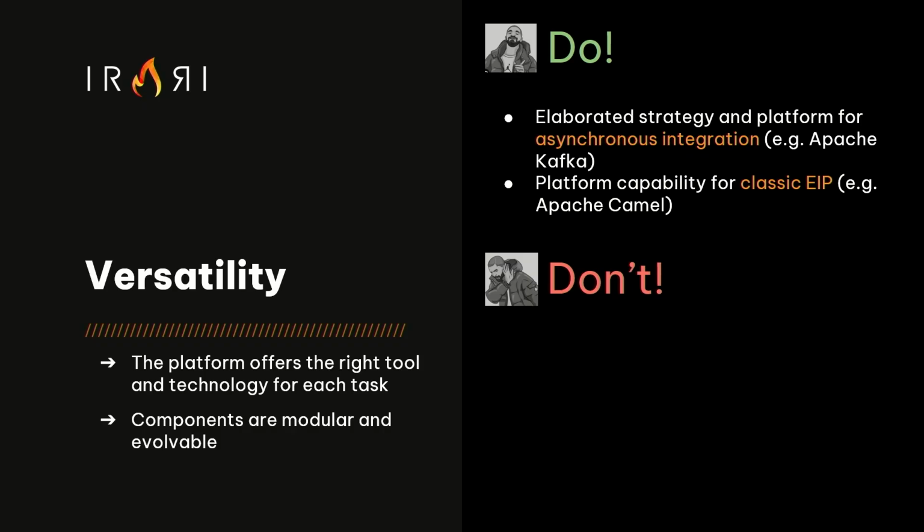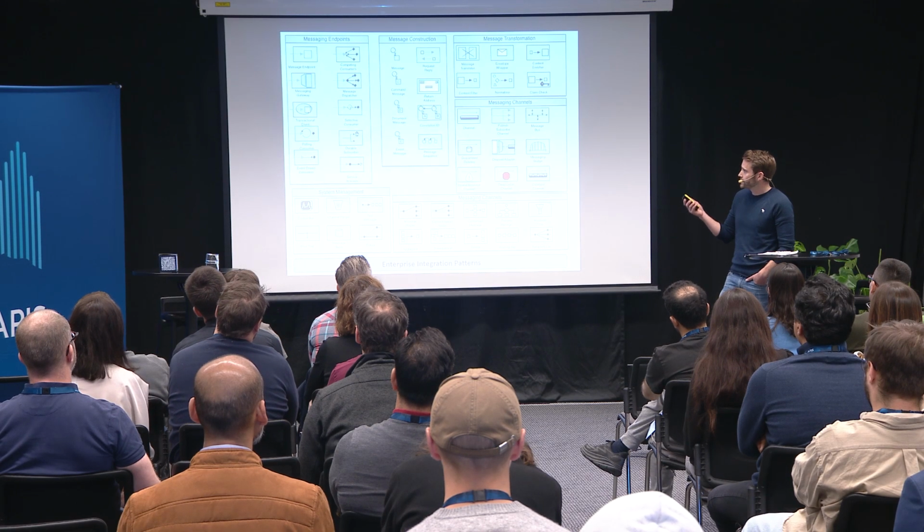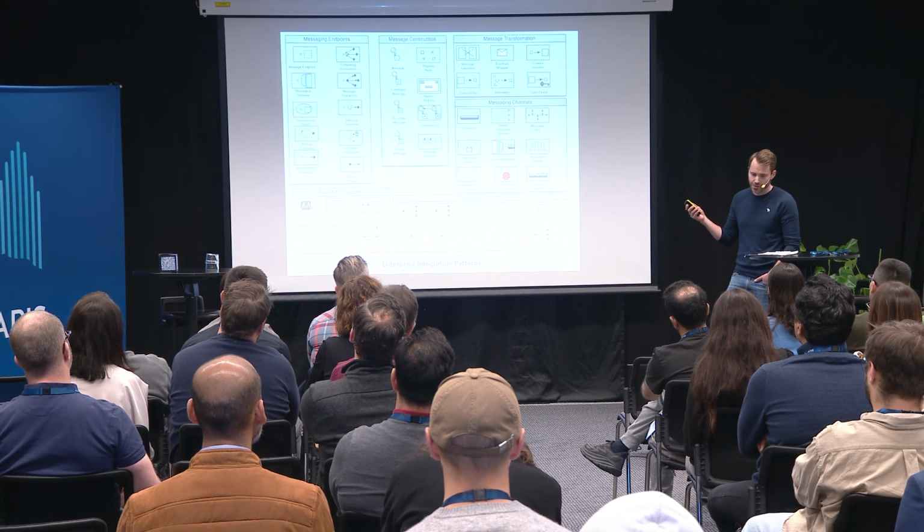Classic EIP, or enterprise integration patterns, I think, also are very relevant even today. I don't know if you've seen them some time before, but they look something like this, and these are the patterns that you normally stumble upon when you do integrations. This is kind of old stuff, but it's still relevant today. So if you're doing some kind of integrations, you're probably doing one or many of these.